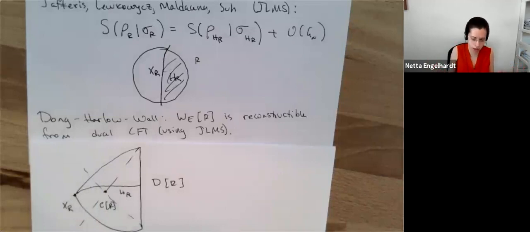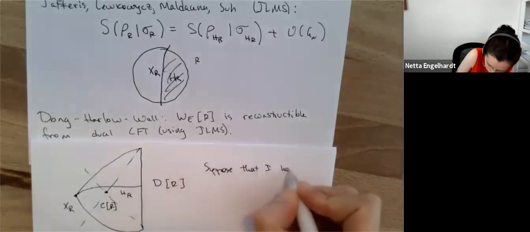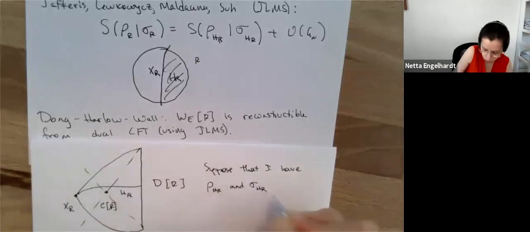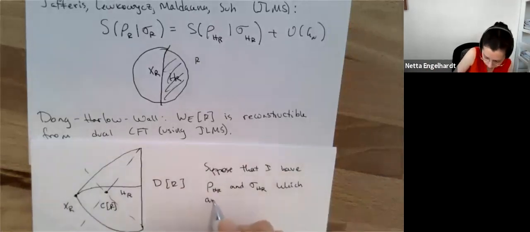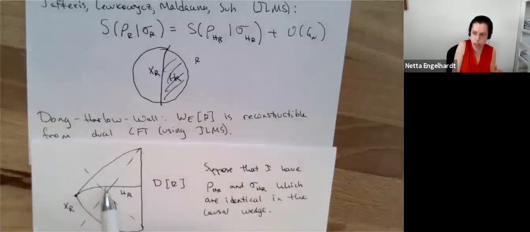But suppose now that I have two states, rho HR and sigma HR, which are identical in the causal wedge, but differ in the entanglement wedge. And maybe they differ exactly in those subsets of the complement region that we can't reconstruct.